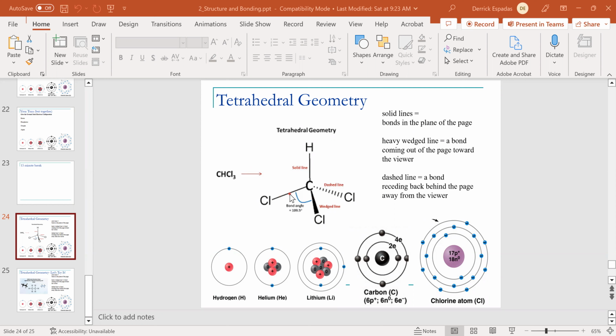And again, it goes over this, I think, fairly quickly in your book. We're going to use this heavy wedge line to indicate a bond coming out of the page, and then a dashed line to show a bond receding or going away from us.